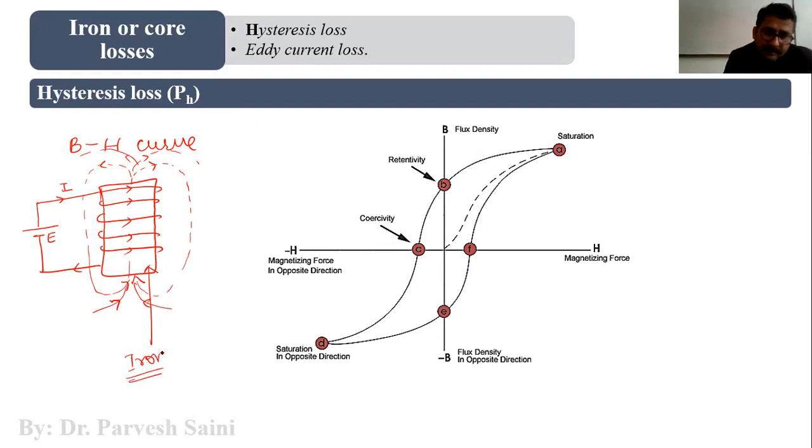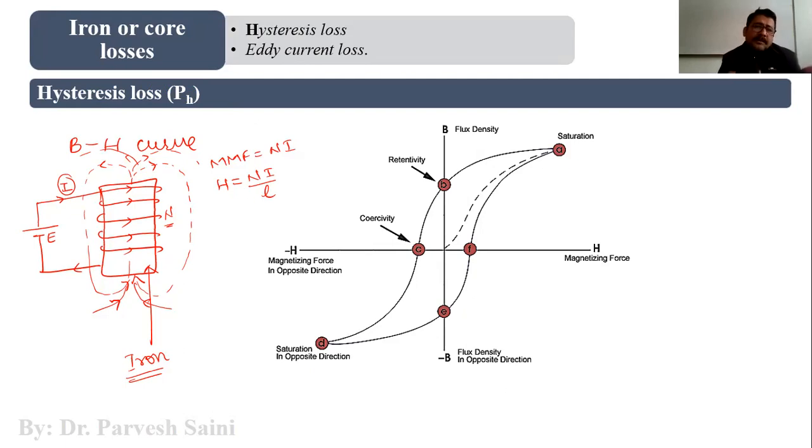Now this ferromagnetic material starts getting magnetized because of this current. How? If there are N turns, the mmf here would be Ni, and H, the magnetizing force, is Ni by L. So this ferromagnetic material is magnetized.